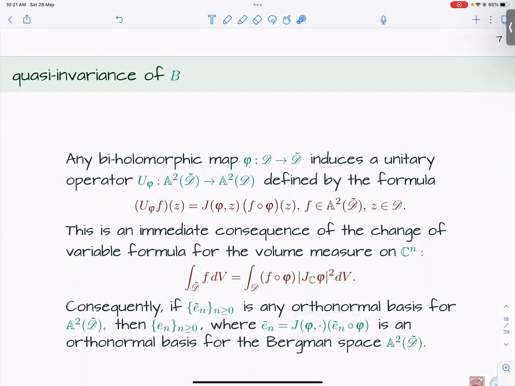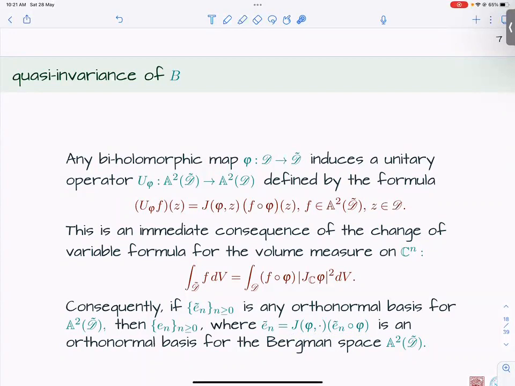Well, you take the element En tilde and apply U phi to that. That means you have En tilde composite phi. First you compose, then you multiply by the determinant of the derivative.